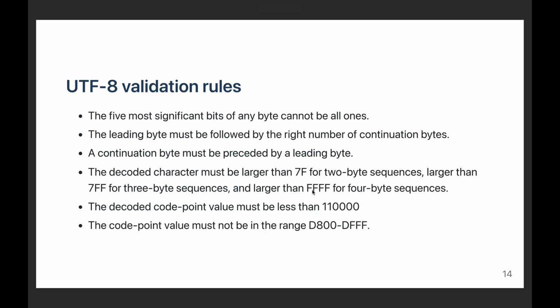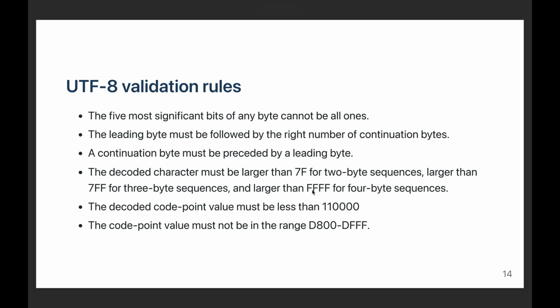Validating UTF-8 requires checking many conditions. Firstly, because characters can use no more than 4 bytes, it's not possible for the 5 most significant bits to be set on any byte. We must have that the number of continuation bytes match the leading byte. And then we have a few additional constraints. We cannot store a code point value in the range of values reserved for surrogate pairs.